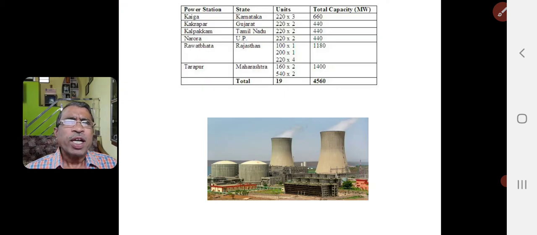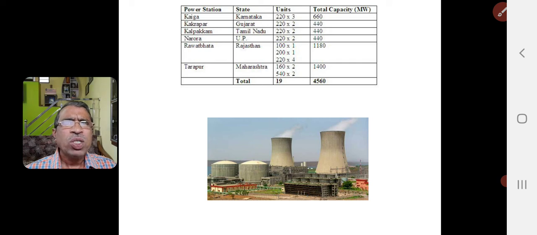Now let us study the nuclear reactors in India. In India we have power reactors. Nearby our place is Kaiga in Karnataka, which produces around 660 megawatts of electricity.